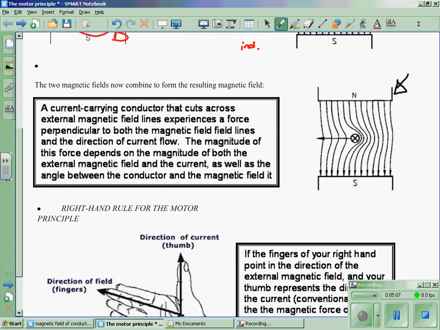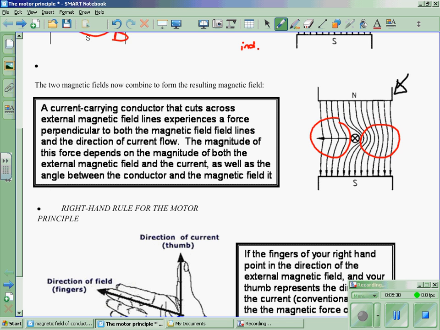Okay, and you'll notice that for some reason it's almost as if there's some kind of wave-like push that happens. If you take a look at the far right side of the wire, the magnetic field lines tend to be very dense, whereas if I look at the left side of the wire, they are not so dense.